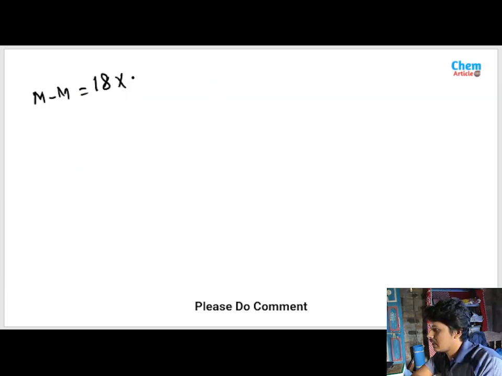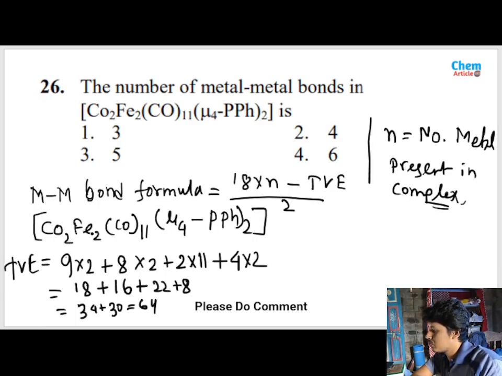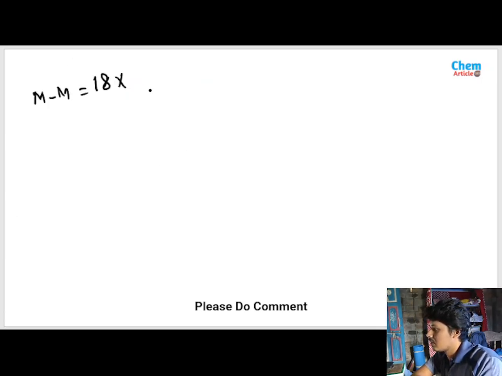Now n is the number of metals, 2 and 2, equals 4. So 4 into 18 minus 64, divided by 2.